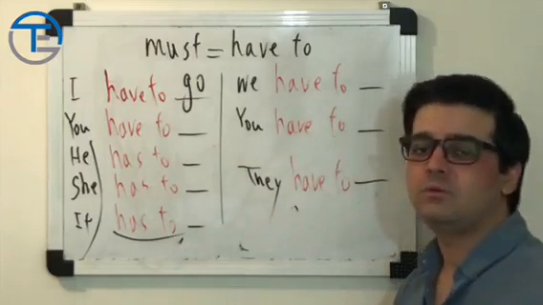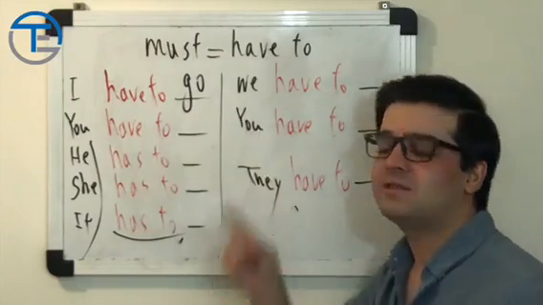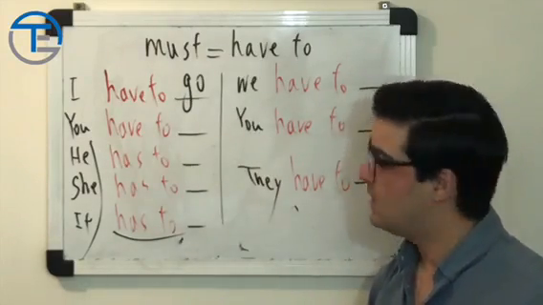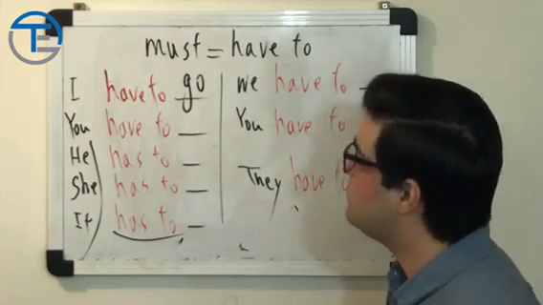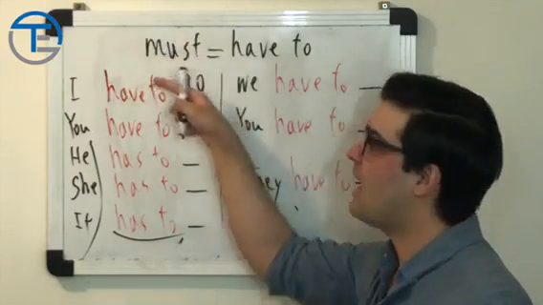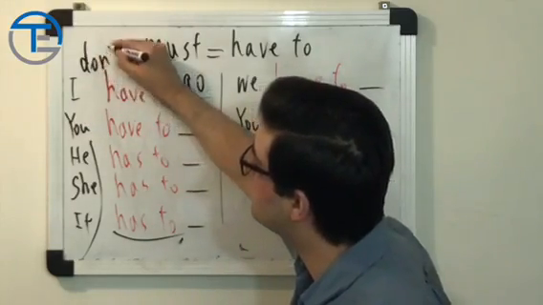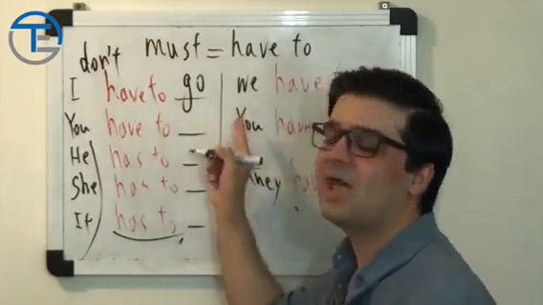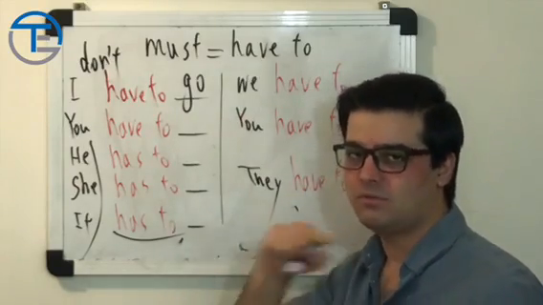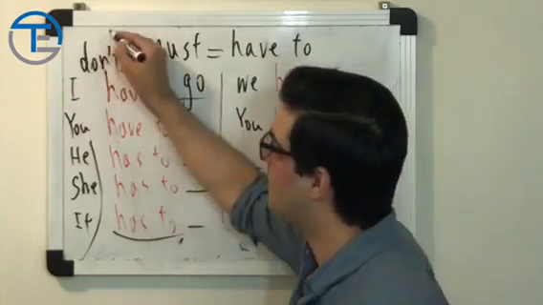If you want to make your sentence negative, you have to use don't in front of have to. Okay, here, don't. I don't have to go. So you make it negative. Okay?